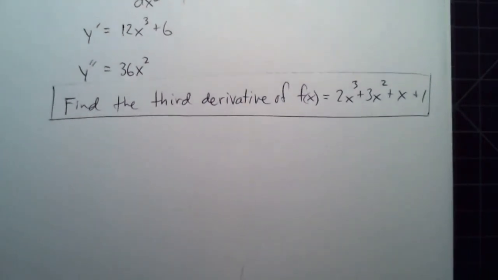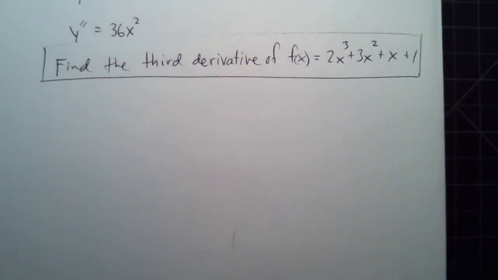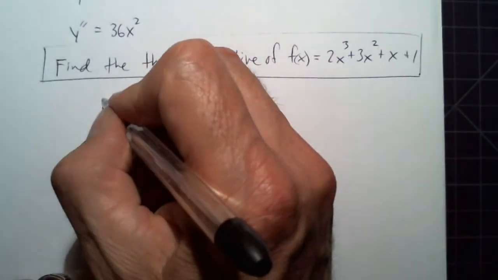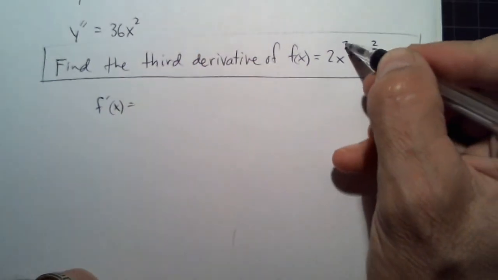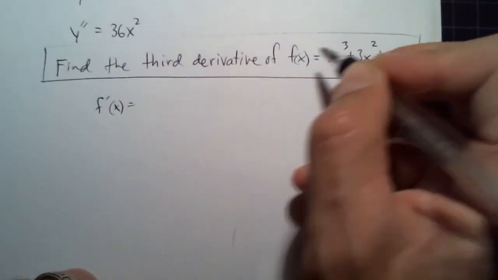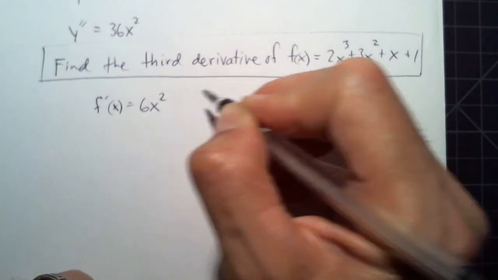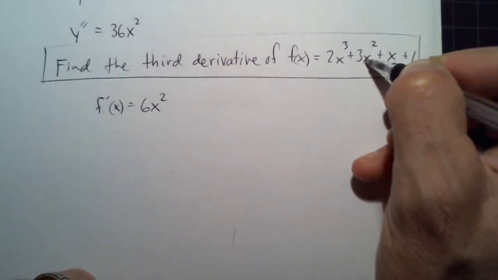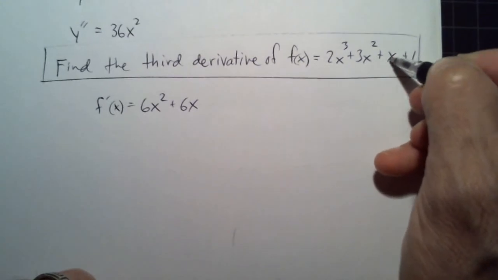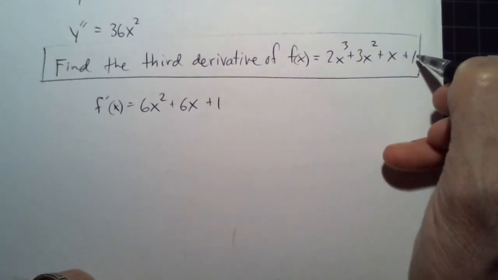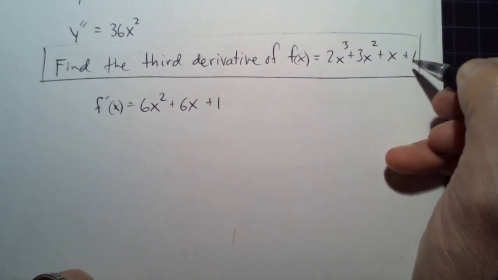Alright, pause the video, try to find the third derivative of this function. So the first derivative is 6x squared plus, this will be 6x to the first power, and the derivative of this is 1. The derivative of 1 is 0.